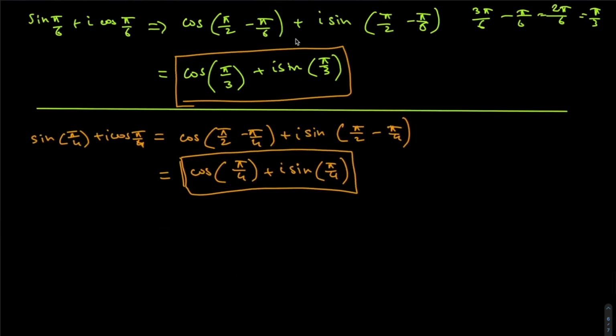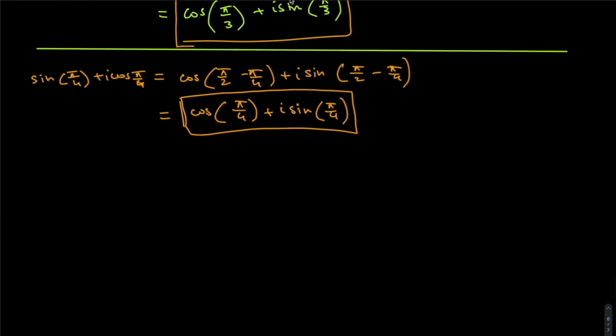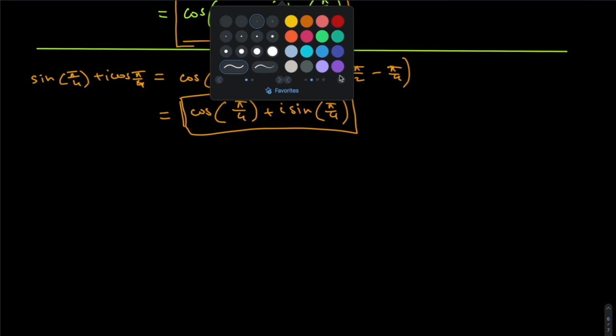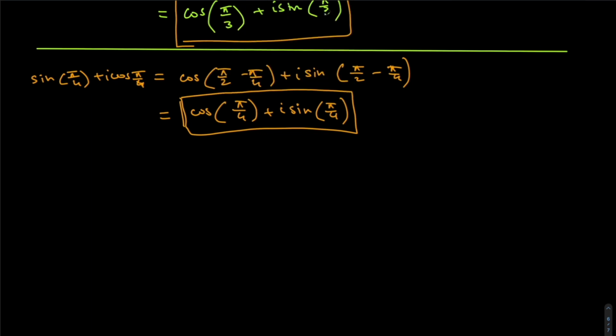Now, one more thing I want to point out right here. If it's not too obvious for you, let me explicitly point it out. So I'll take it in blue. You know how if we have z1 times z2, we basically do r1 r2 e raised to i theta 1 plus theta 2, right? So we can also do that similarly in polar form.